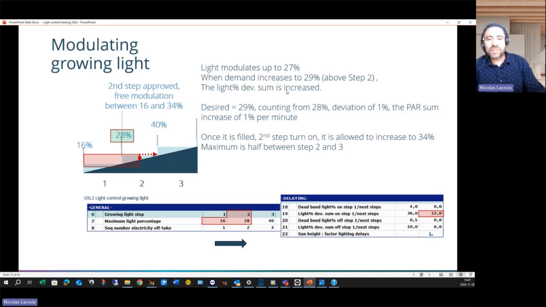The light deviation sum is increased. The desired 29% counting from 28 is a deviation of 1%, so the sum increases by 1% per minute. Once the second step turns on, it's allowed to increase to 34% maximum. It's half between step 2 and step 3.